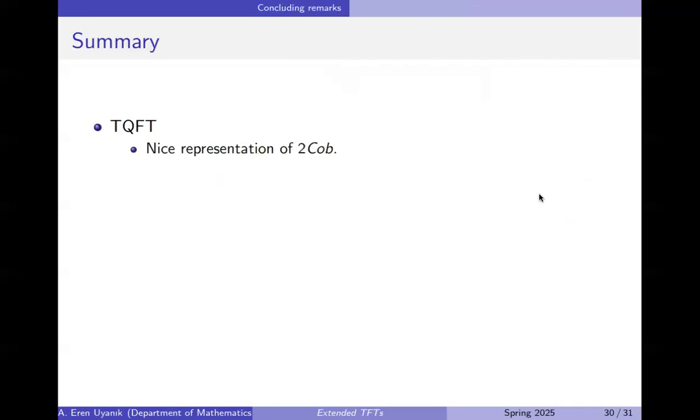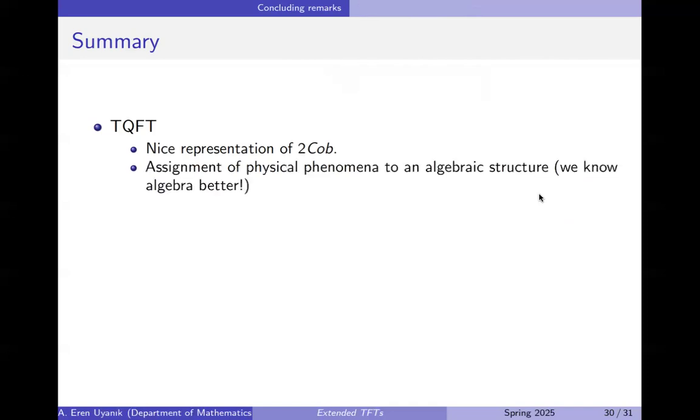So in summary, what have we done? In the first part, I talked about TQFTs, and we dealt with dimension 2. In dimension 2, cobordism has a nice representation with its generators. A TQFT is an assignment of physical phenomena to algebraic phenomena, because we understand algebra better.